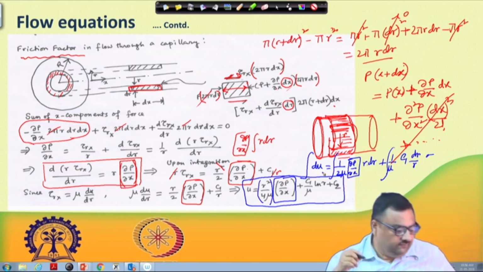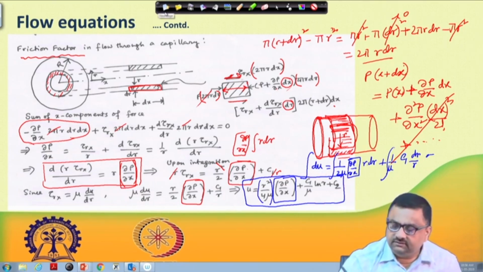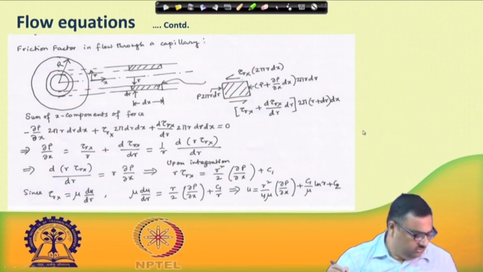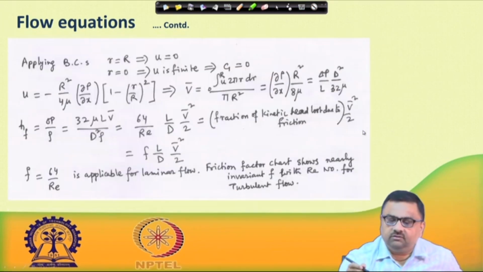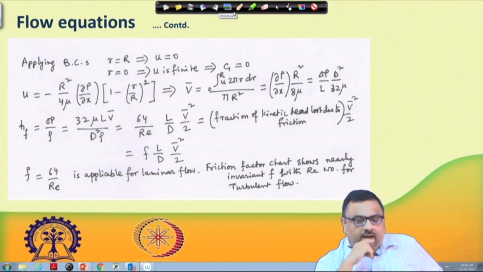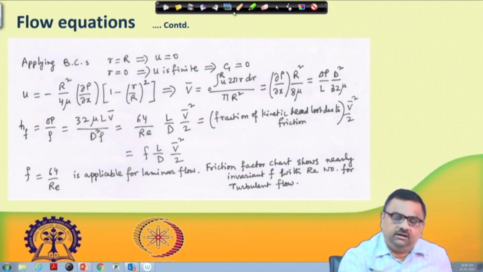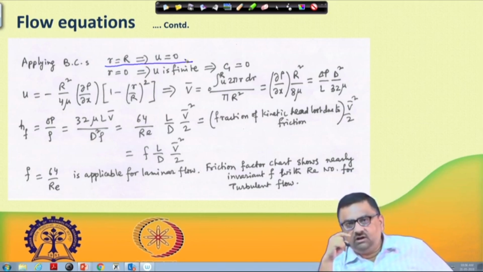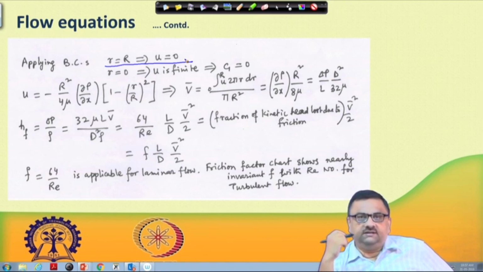Now, if we proceed further with that equation, and apply the boundary condition that at r equal to R, u is equal to 0, that means at the inner wall of the capillary the velocity has to be 0.